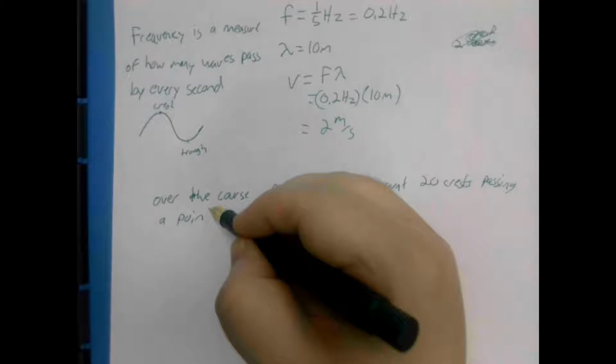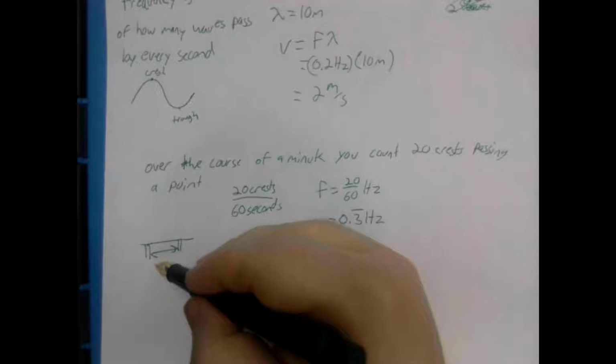And let's say we do something else. Let's say we have a pier where we know the distance between the two wooden pillars is 10 meters.